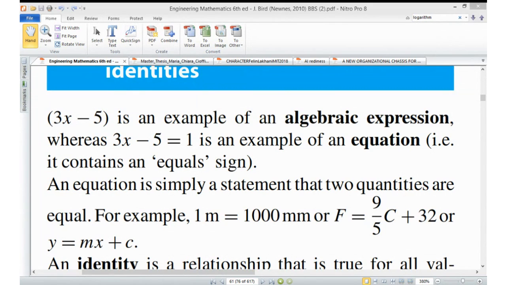And we know that 9 over 5 here is normally called a coefficient. The same applies to 32.